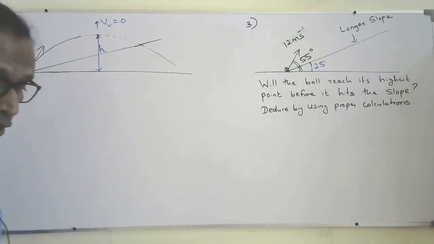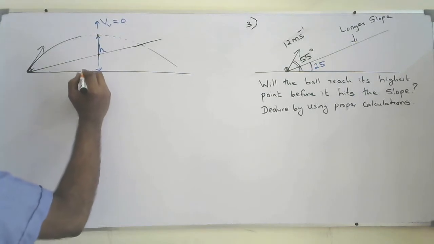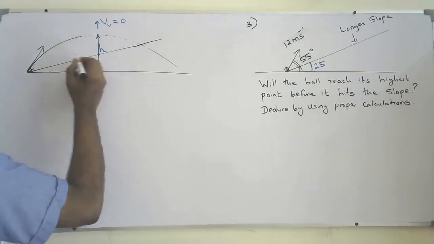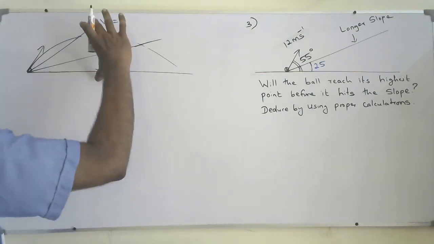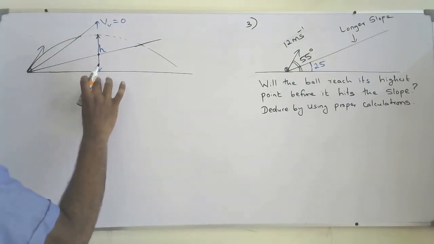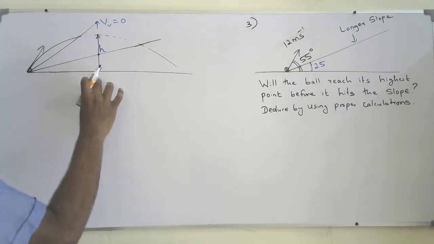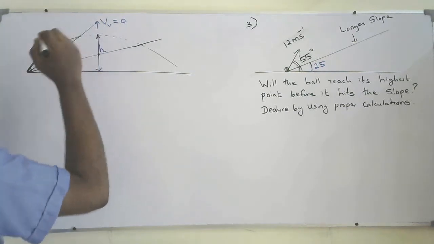I have to find what will be the height of the slope. I don't know whether the slope is like this or like this. We don't know. But what will be the height of the slope from the horizontal line when the ball has the horizontal displacement which it has at its highest point?